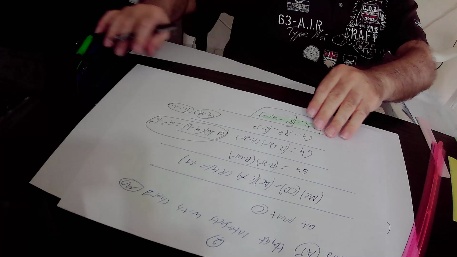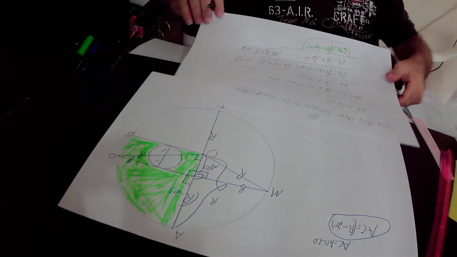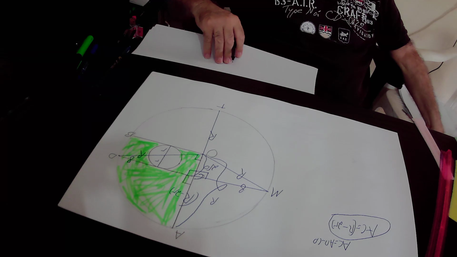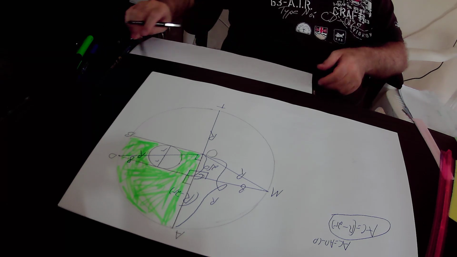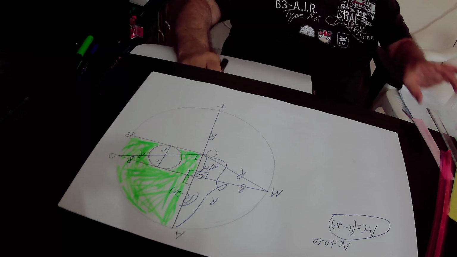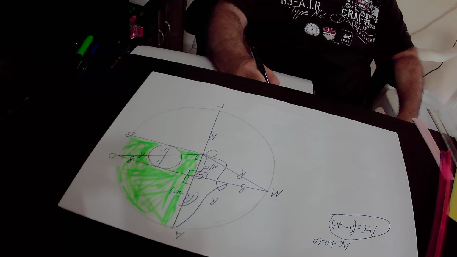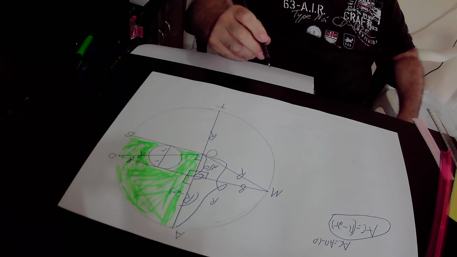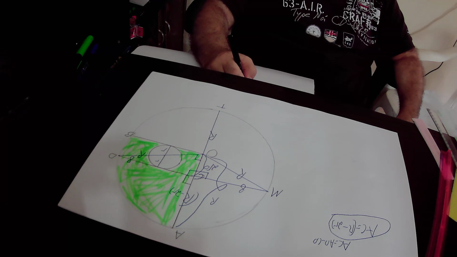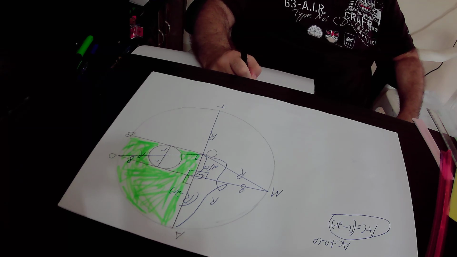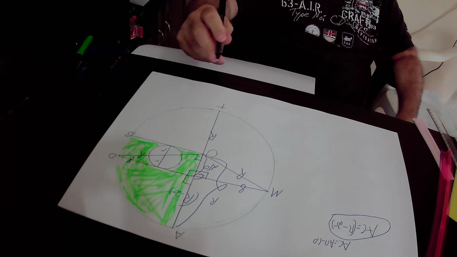But what is actually the area of the green shape? The area of the green shape is equal to the area of the quarter circle minus the area of the small circle.